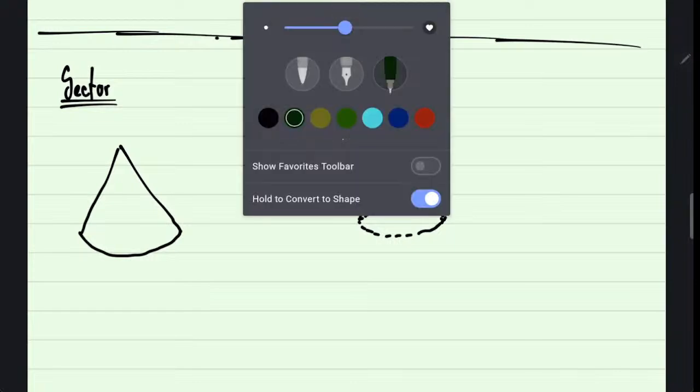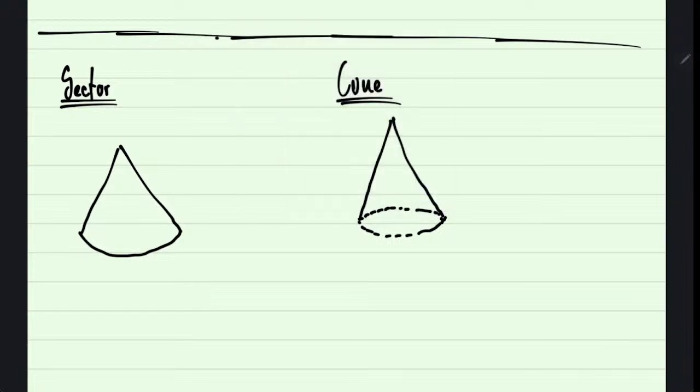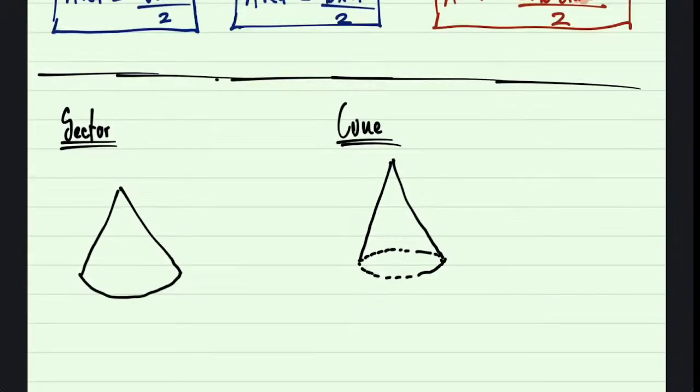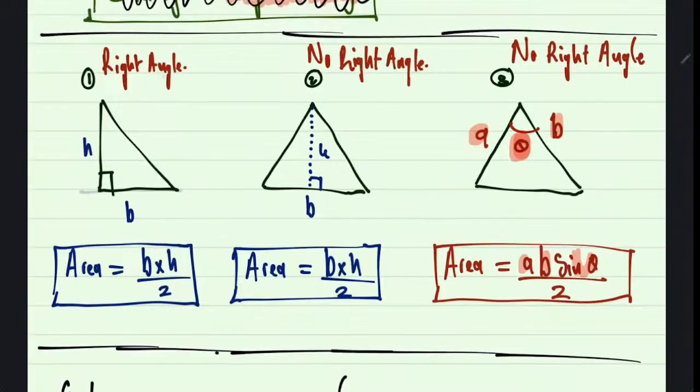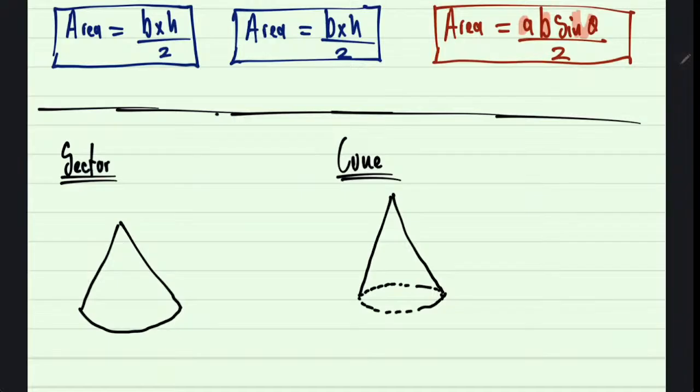If they give you a sector, then should I continue with sector and cone, or should I mix it up before we leave triangles? Should we do trig before we leave triangles? Or should we do sector and cone?